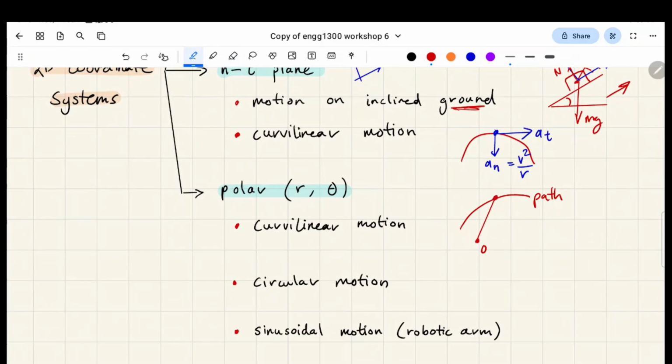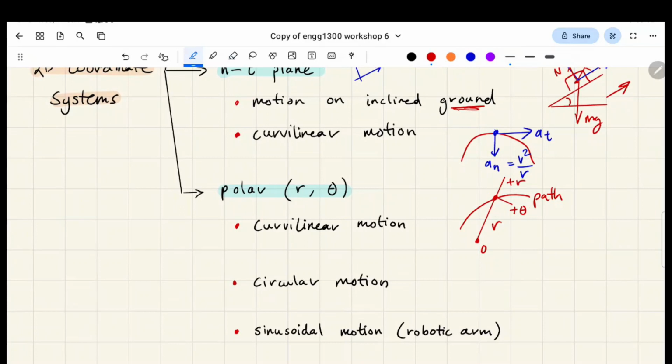Basically, the radius from the satellite to where the rocket currently is can be described with r, which is radius, right? And we will also have the rotation, which will be described as theta.